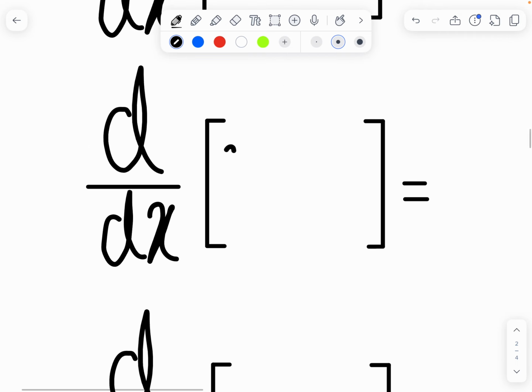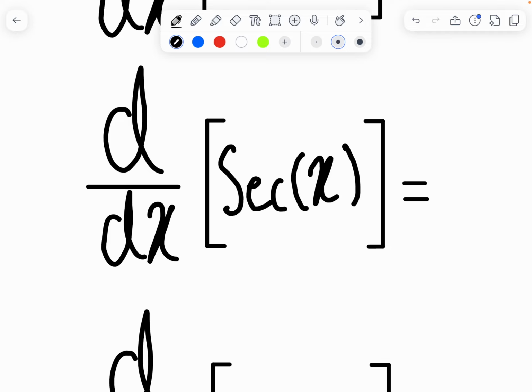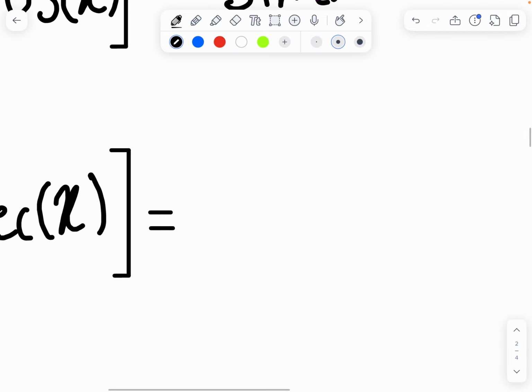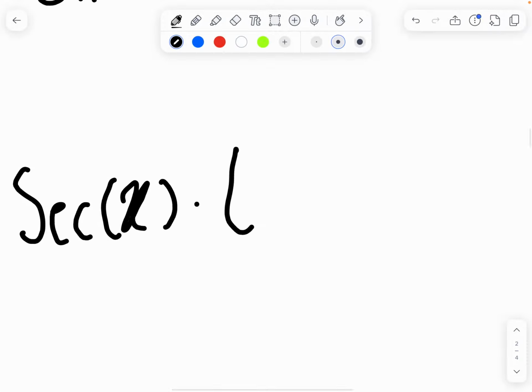The derivative of secant x is secant x times tangent x.